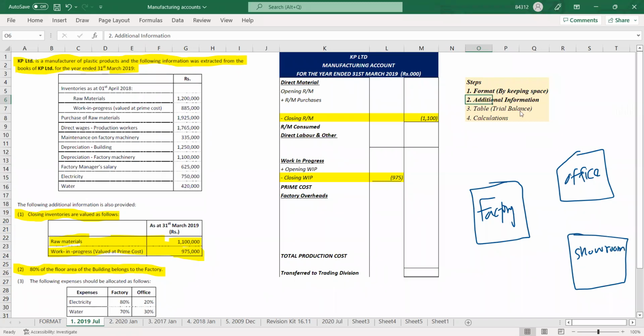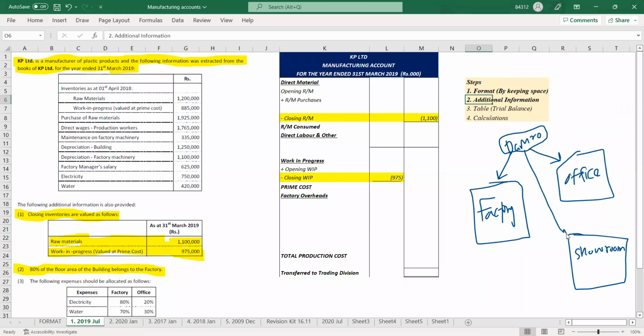Let's say this is a company, this is Damro. Their main product is furniture. So they have a factory where they do manufacturing, and they have an office for administration.